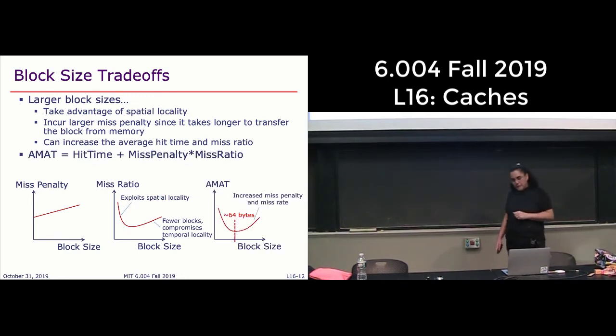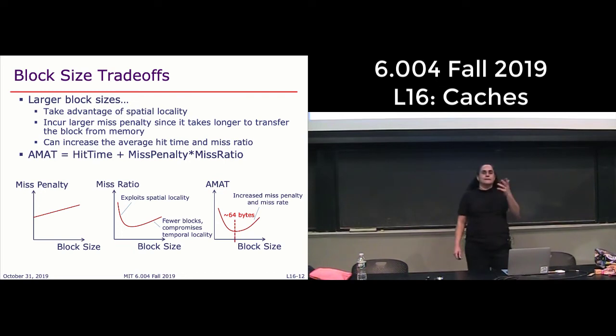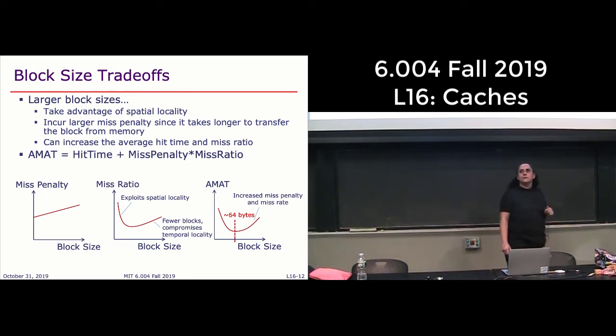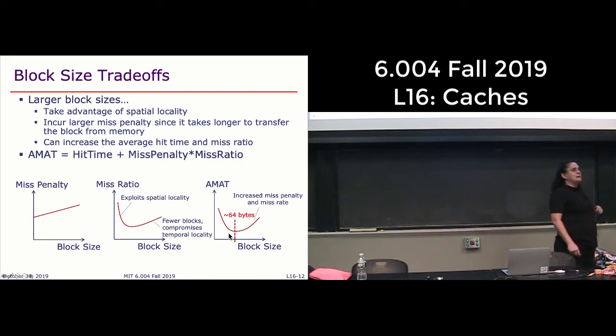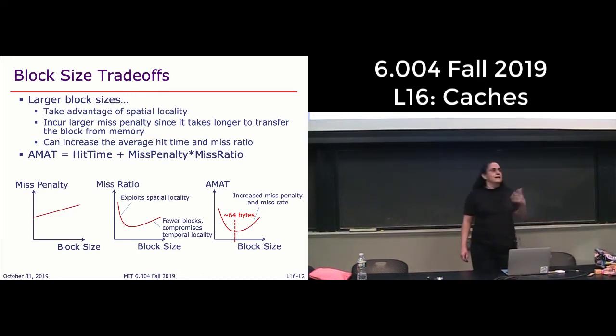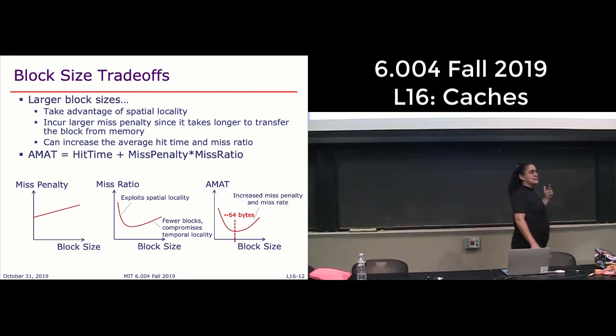And so if I put both of these together and look at the metric that I actually care about, which is the average memory access time, then I see that there is some block size which is going to produce a minimum AMAT, which typically happens around 64 bytes or 16 words. Okay, so a block size of 16 words.